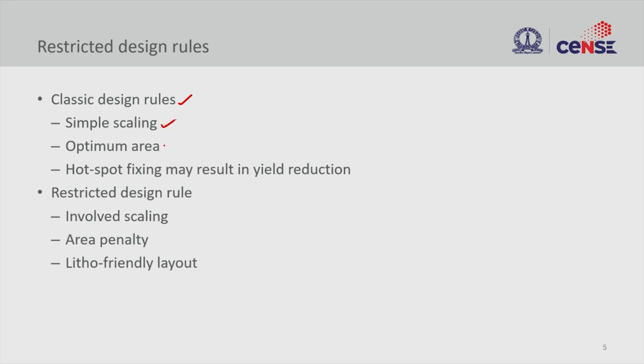But you can use optimum area in order to do this, because the design variations are high, and then you can identify and fix the issues, right? It's not that you cannot fix issues. You can fix the issues, but then this might result in yield issues, right? So you have to identify each and every hotspot, and then you fix it, and whether the fixing is going to be optimal or not is again a question, and the area that you can use is also going to be restricted, right?